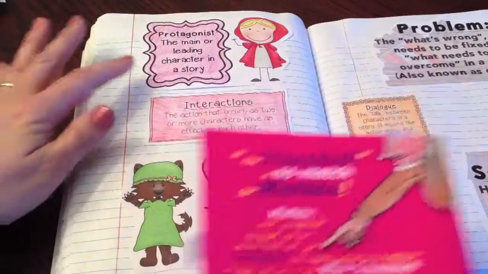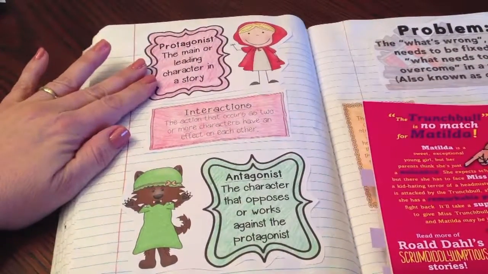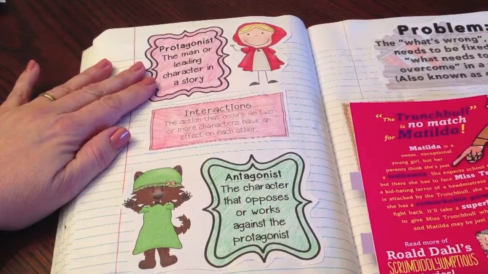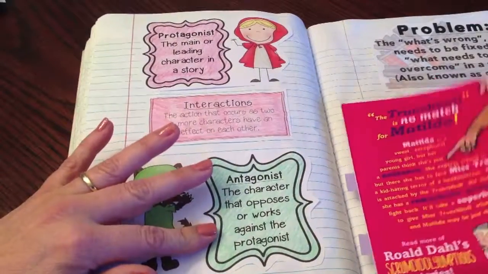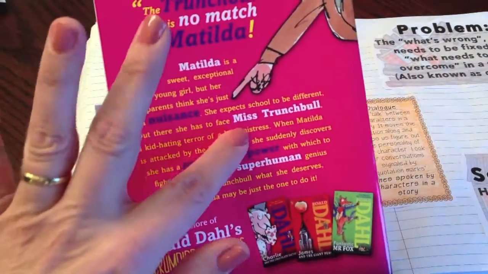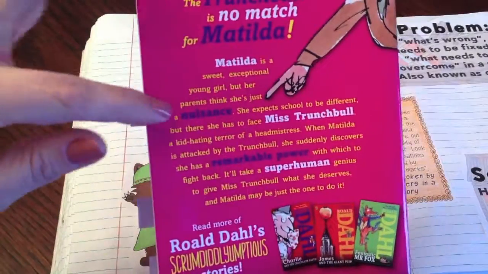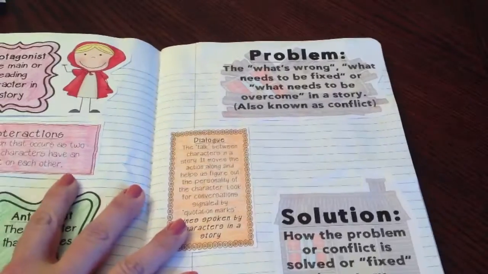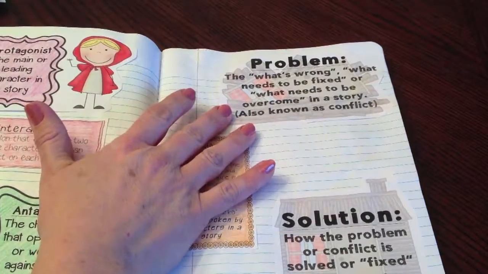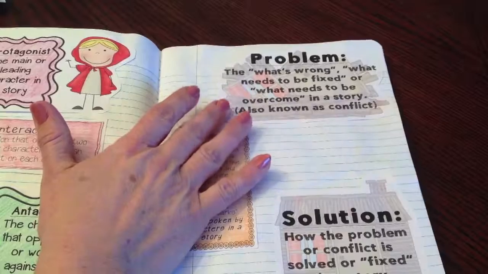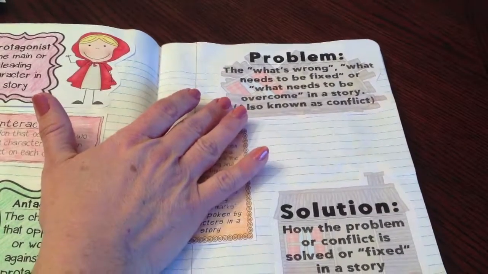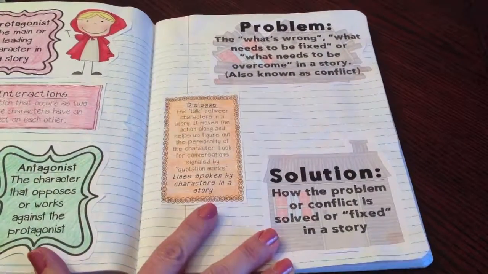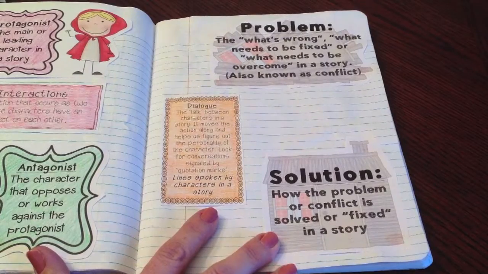Just this piece on the back is evidence that Matilda is in fact the main or the leading character in the story. And then the character that opposes or works against her is Miss Trunchbull. Her parents do as well, but this is the character that then causes the main problem, or what Matilda needs to overcome, that's going to lead to that solution or how it's solved.